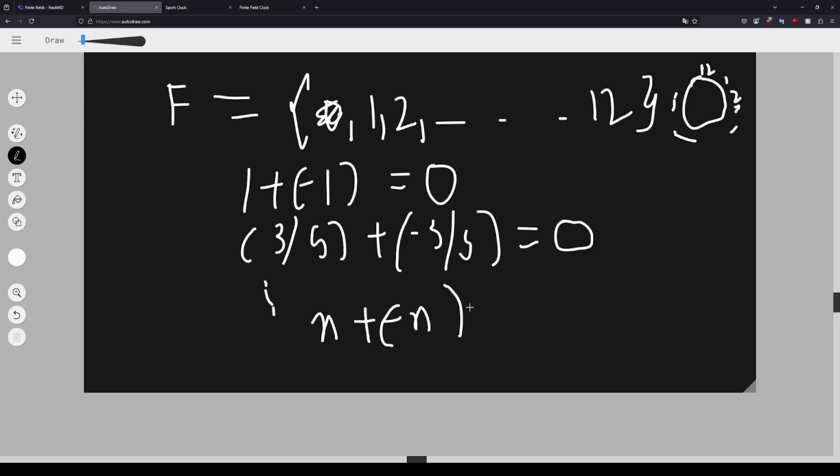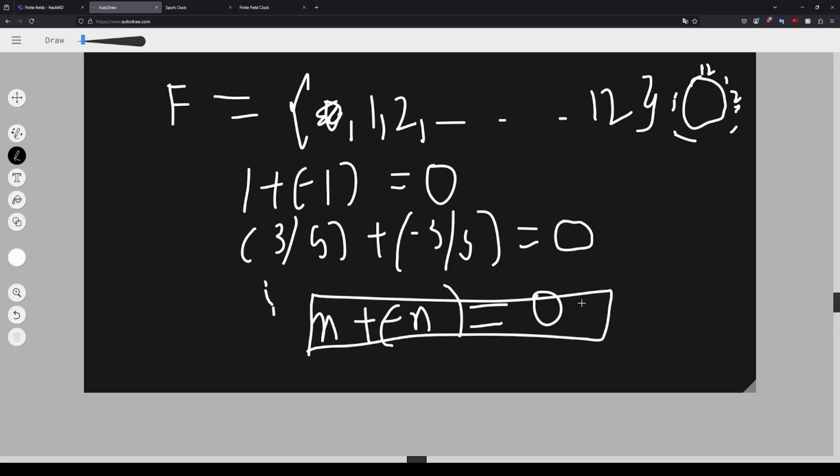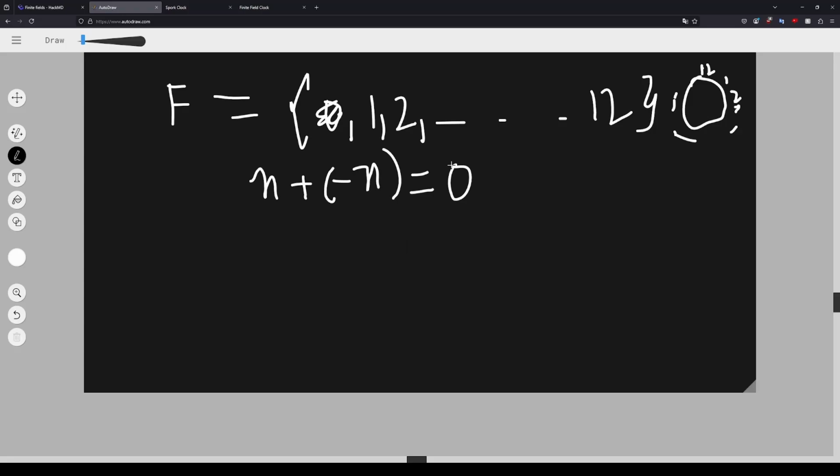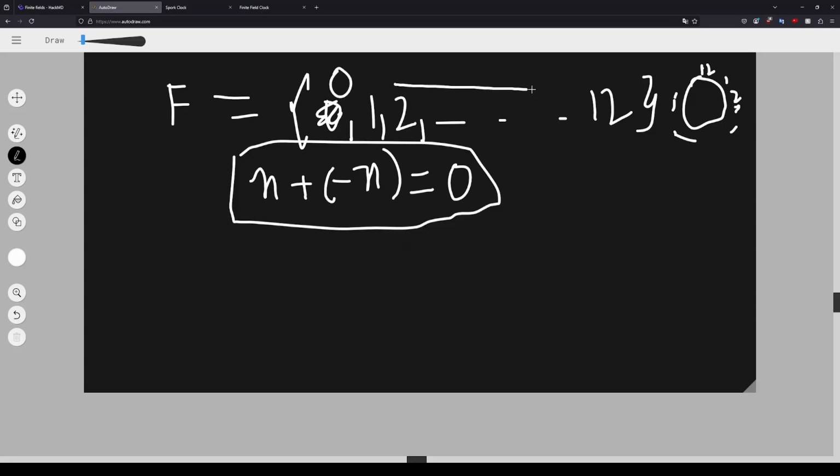This is our additive inverse or negative. Let me clear out the screen. So n plus negative n equal to 0. We are looking for this in our finite field from 0 till 11 now.